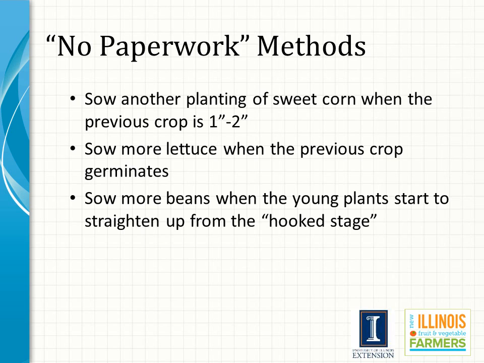Yet another example would be to plant more beans when the first plants start to straighten out from the hook stage after emergence. The nice thing about this method is that you can do it on the fly without any planning. Use these methods only for tried and true information or your personal growing experience. In addition, this method will have heavy variability based on growing conditions in a particular season. So it would still be helpful to keep records of when and where you planted the sowings for future reference.